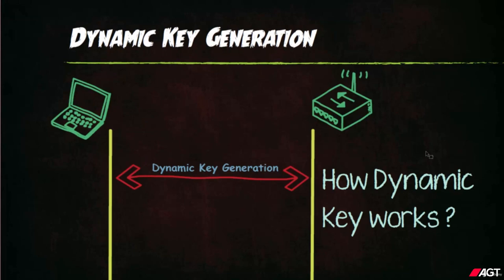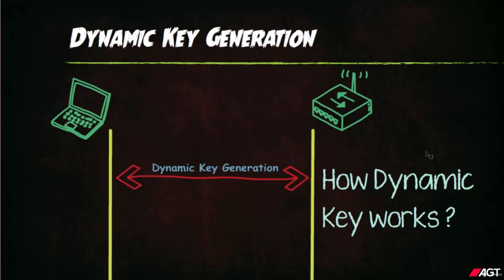The reason it's very hard to break the WPA and WPA2 protocols is their dynamic key generation. If I connect to my access point right now, I'll get a dynamic key. Once I disconnect, this key will be discarded.